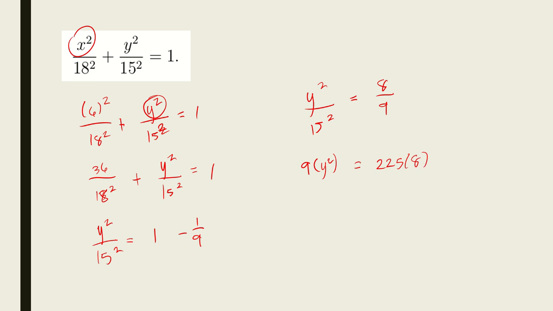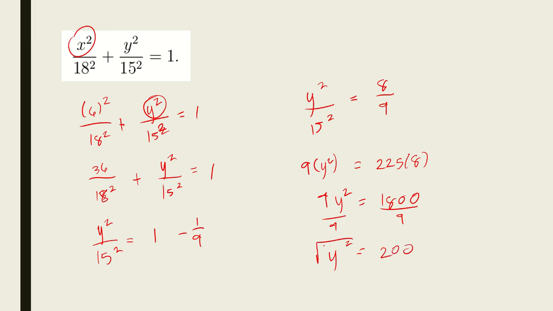So how much is that one? 225 times 8 is 1,800. So that's 9 y squared is equal to 1,800. We divide it by 9 on both sides, so we get y squared is equal to 1,800 divided by 9, and we got 200.